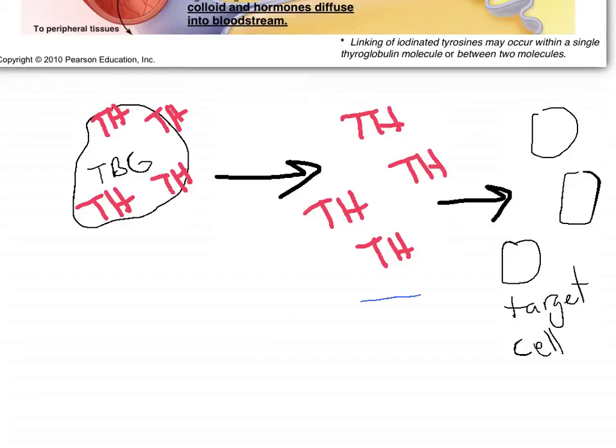Because only the free thyroid hormone can actually be used, the protein-bound thyroid hormone acts as a reserve of thyroid hormone in the blood. Because you have this reserve, it may take a while to notice any reduction in thyroid hormone production.